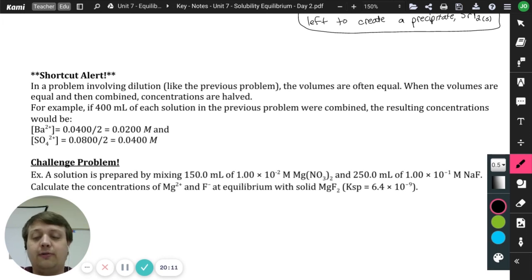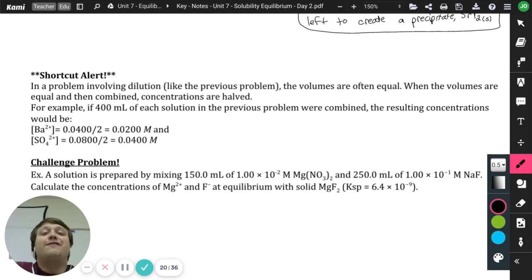And then for the sulfate, it's going to give us 0.0800 divided by 2, which is going to give us that 0.0400 molarity. So it's just a shortcut for y'all, just to kind of help y'all with that. So if you're doubling your volume, essentially, you're going to be halving that concentration. Because remember, when your volume increases, that concentration is going to decrease.